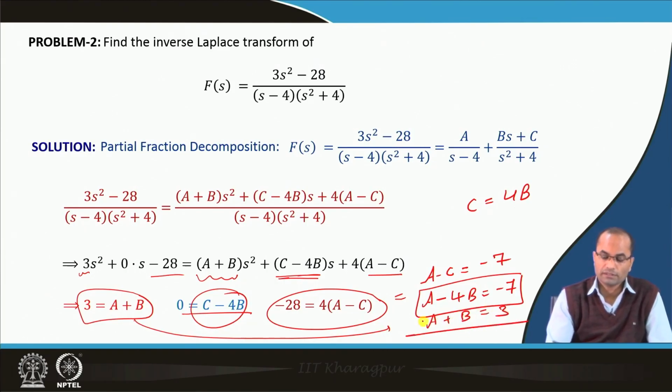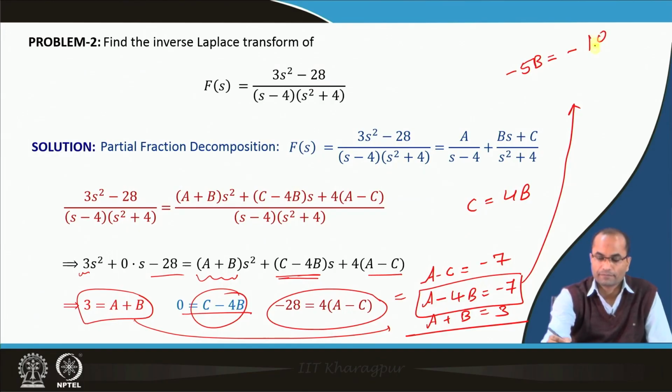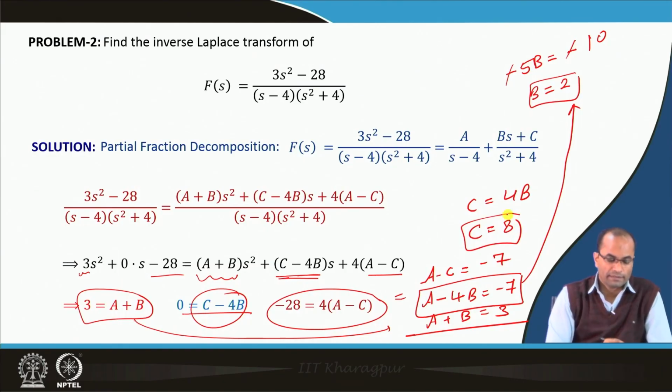Solving these equations, if we subtract, the A will get cancelled and we have −5B = −10, so B = 2. Then C is 8, and if B is 2, then A has to be 1.